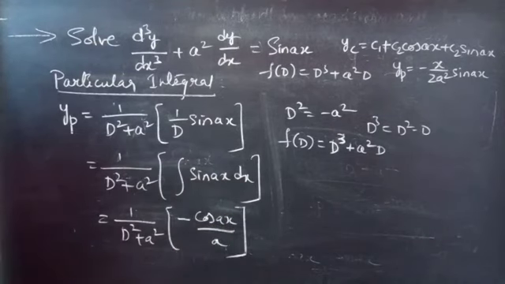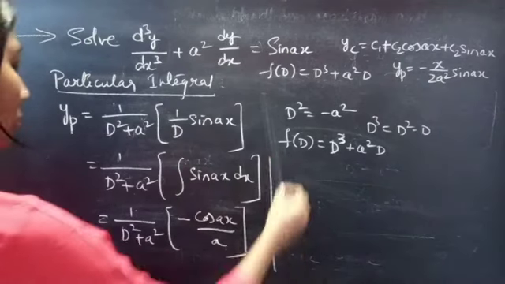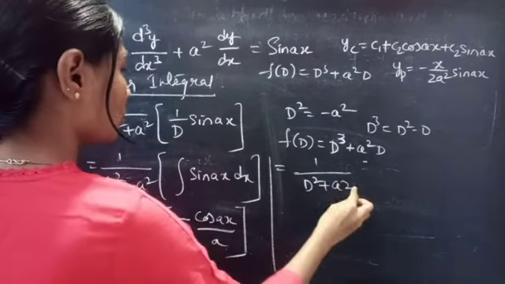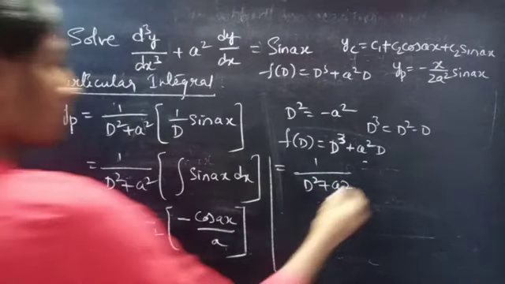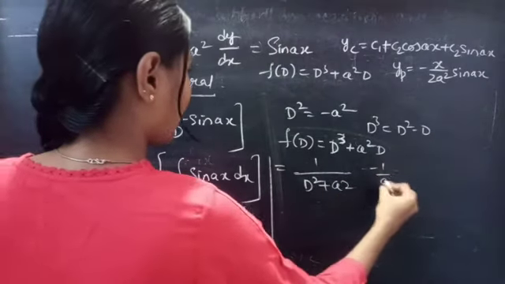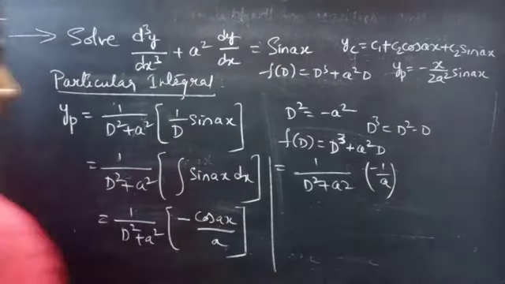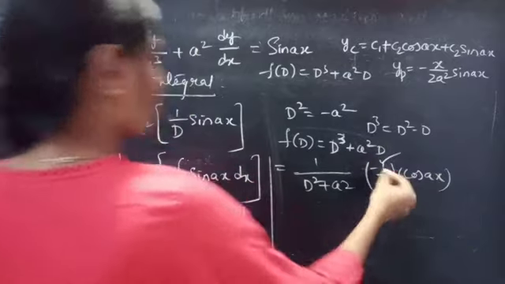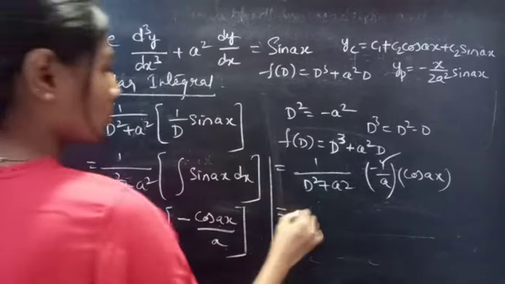Again, we'll split this as 1 by D square plus a square into minus 1 by a into cos ax. Here minus 1 by a is a constant, so we'll write it first.